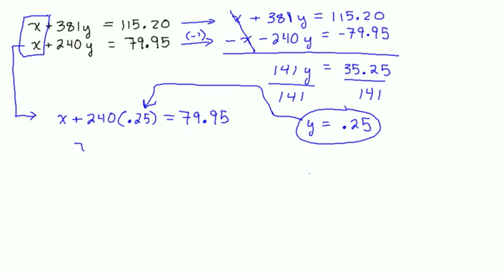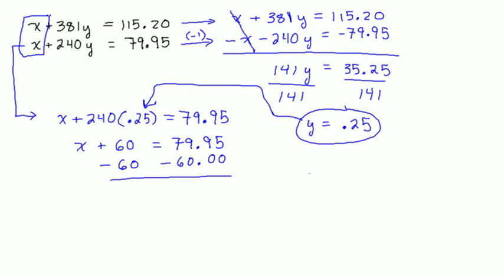Now I can multiply 240 times 0.25 is 60 because it's like taking a quarter. When I subtract 60 from both sides over here on the right, I'm going to write that as 60.00, to get x equals 19.95. So I have x equals 19.95, y equals 0.25.